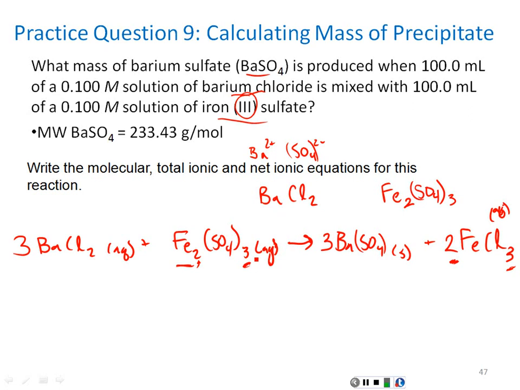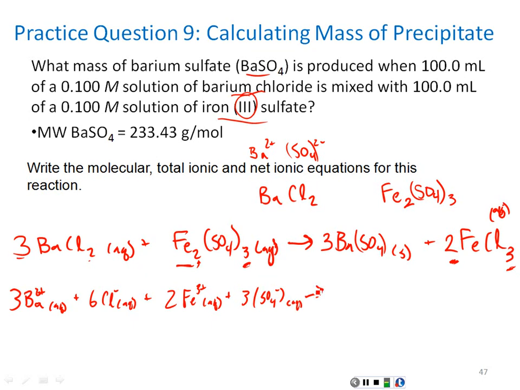Now let's look at the total ionic equation. Remember that you're just showing these as their ions. So 3 Ba2+ aqueous, plus now we have 3 times 2, that would be 6 Cl- aqueous, plus 2 Fe3+ aqueous, plus 3 SO4 2- aqueous.